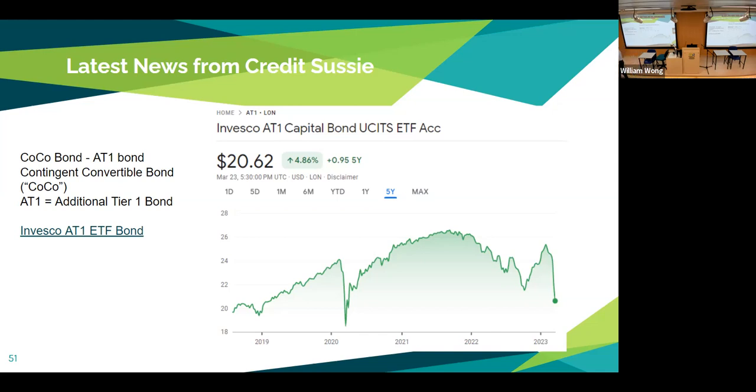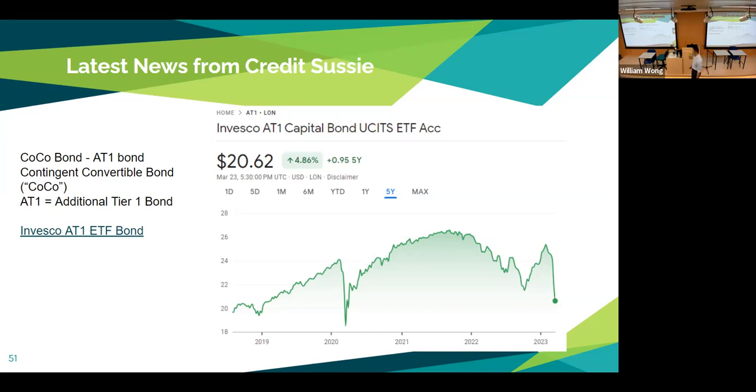Additional Tier 1 bond. When you see the name bond, you say, hey, this should be very, very secure. No, not necessarily. Last week, the Credit Suisse AT1 bond all got wiped out. Everything went down to zero. They promised they will not pay anything to all these bondholders.